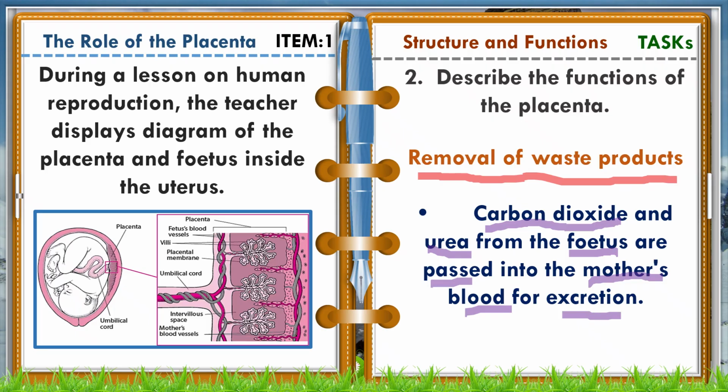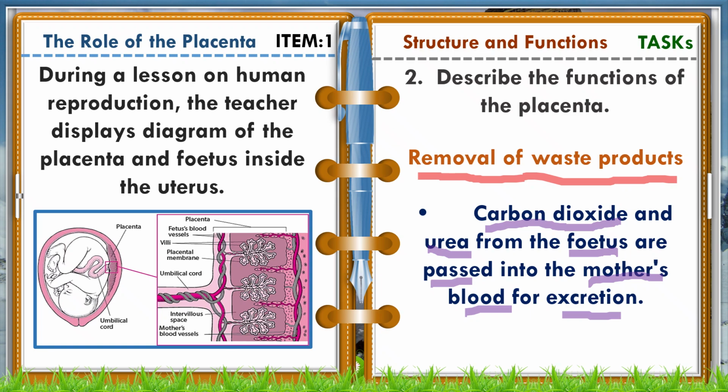So our fetus is also producing waste products like carbon dioxide, urea, and all of those will pass through the umbilical cord. And when they pass through the umbilical cord, they will be released into the chorionic villi. And in the chorionic villi, they will diffuse out.